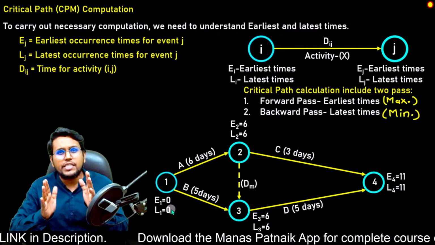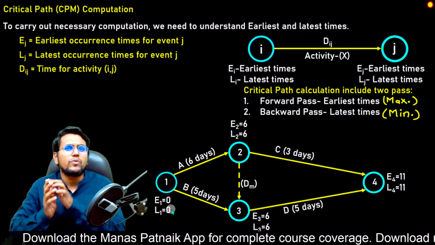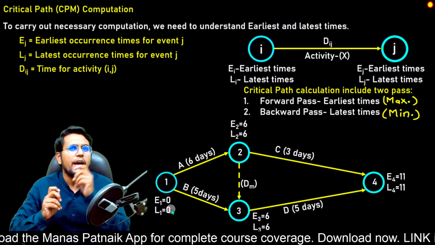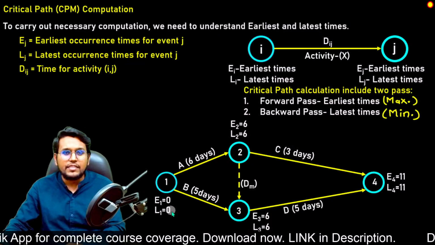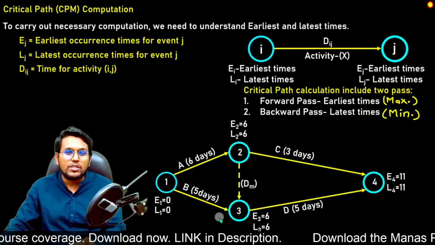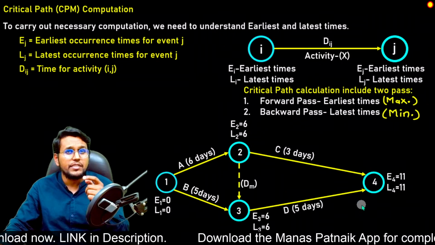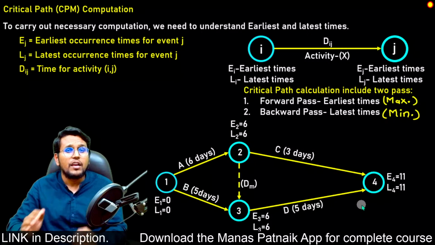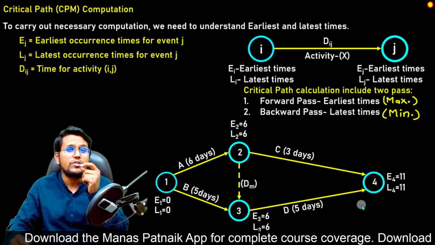And after calculating this, we will notice that at some of the nodes, we get the equal value of E and L. In this case, we see that at all the nodes, we got the value E and L as same. That means when we are drawing the critical path, we have to cover all the points which have the same value of E and L.